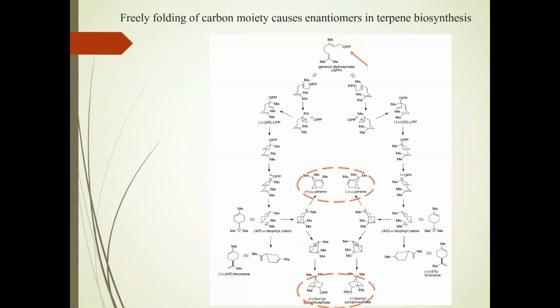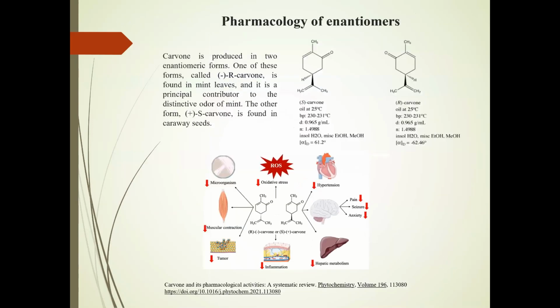So what happens if it folds on the right side? We will have positive alpha-pinene or positive bornyl pyrophosphate. If it folds on the other side, we will have negative pinene metabolite. And we might also have positive limonene, R enantiomers, or S limonene. So this shows that sometimes we have some non-biological phenomena making different enantiomers.